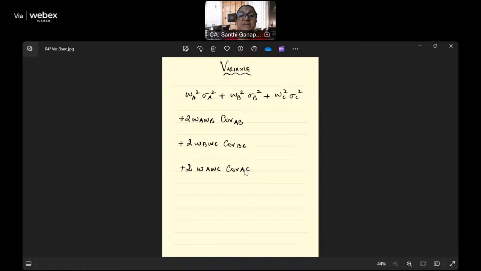So now we can reframe the other equation for variance. We said 2 WA, WB, sigma A, sigma B correlation AB. Instead of sigma A, sigma B correlation AB, we can substitute with covariance.